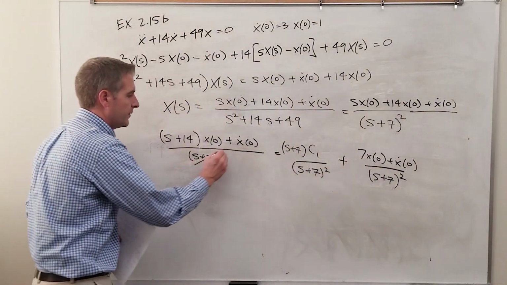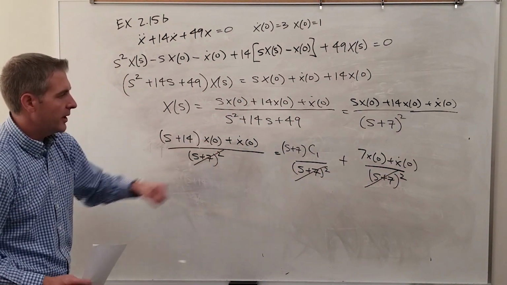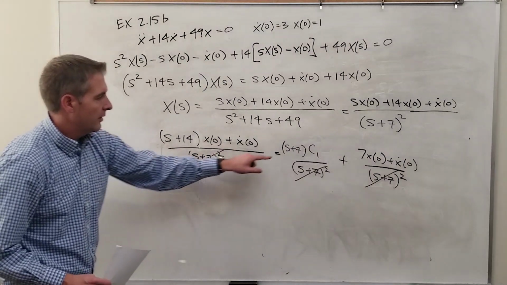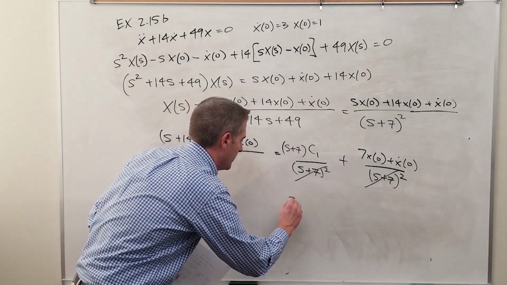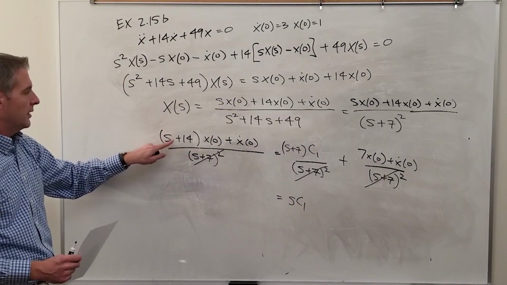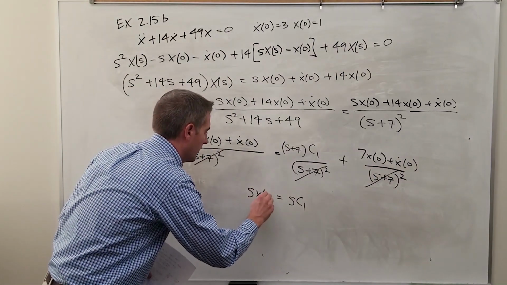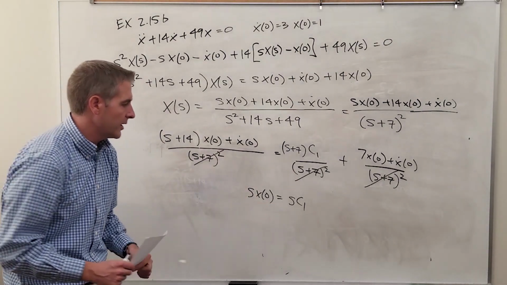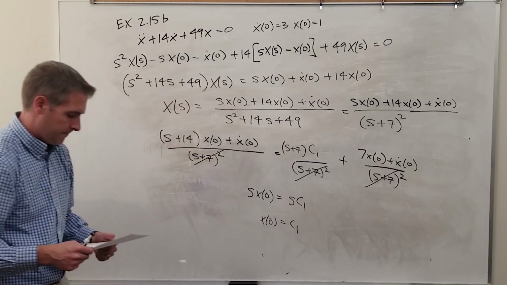Then I can cross off all the denominators. And now I can look for small equations that will be equal to each other. For example, on the right-hand side, I've got C1 times s. That's going to have to equal s plus x0. This little equation is easy to solve for C1. x0 is nothing but C1 right here.